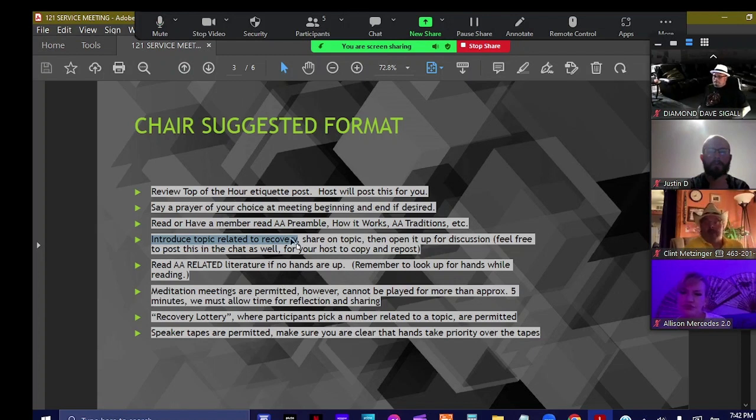So on and so forth. Well, here are some tips for you. Read AA-related literature. Always remember to look for hands up while reading because hands take precedence in this meeting. Your host will have your back, of course, but don't rely on your host. You need to make sure you're paying attention for hands.